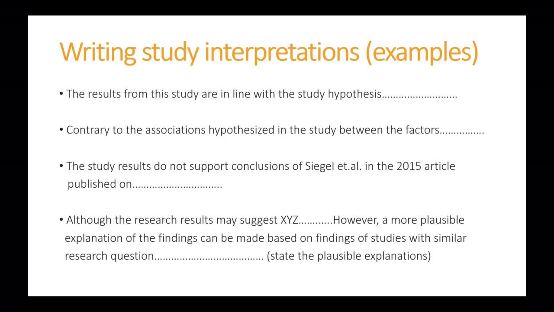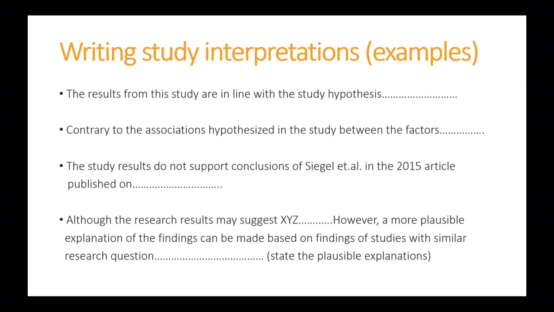You can also say, the study results do not support conclusions of Siegel et al. Again, this is just an example. So let's say you are using an article by Siegel et al., which was published in 2015. However, what you found is different than what was found by this specific author.